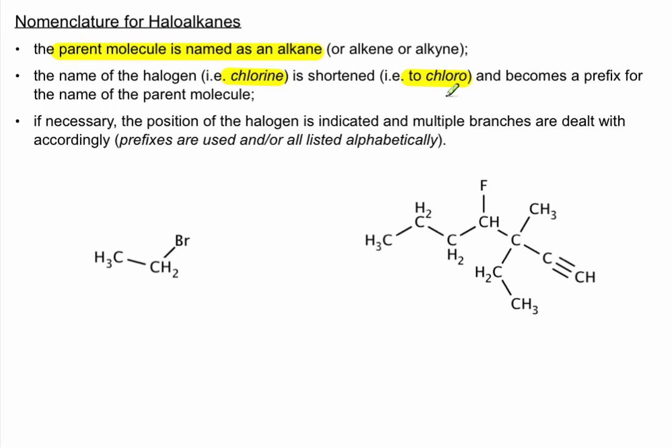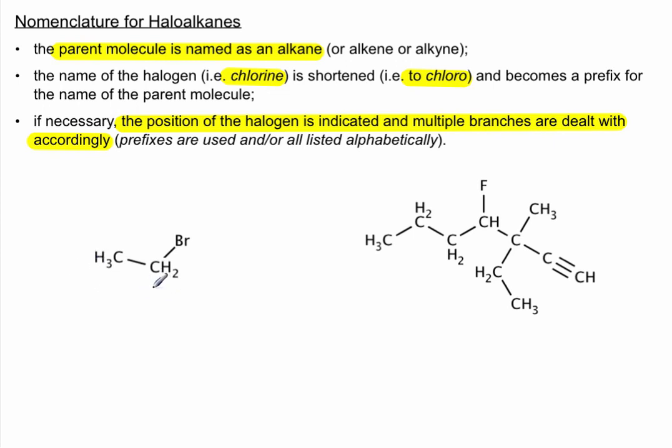So it's not chlorine, it's a chloro. And it becomes a prefix on the parent molecule. And if necessary, and this is commonly the case, the position of the halogen has to be indicated. Multiple branches are dealt with accordingly. And so multiple branches, how do you deal with those? Prefixes are listed alphabetically.